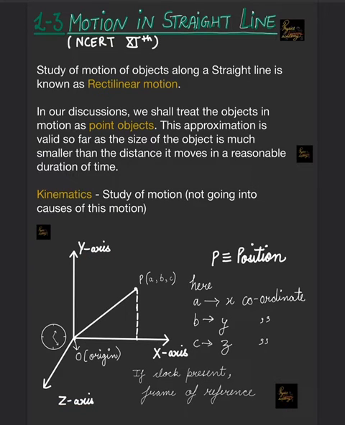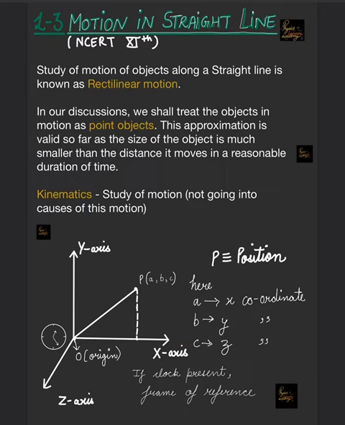This point is the origin, 0, 0, 0. This is our reference point for anything. Let's say we have a point P. Its coordinates are A, B, C. A is the x coordinate, B is the y coordinate, and C is the z coordinate. This is simply how we define position using A, B, C and coordinate axes.